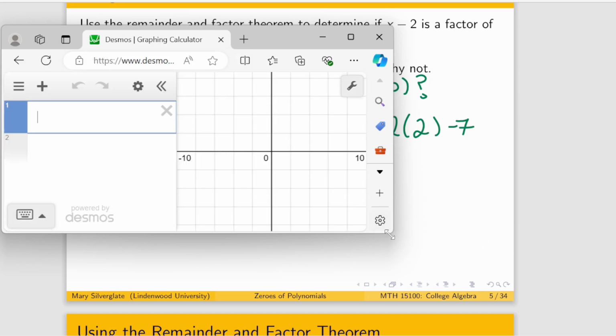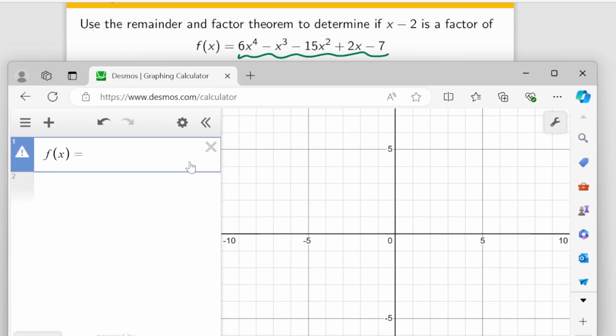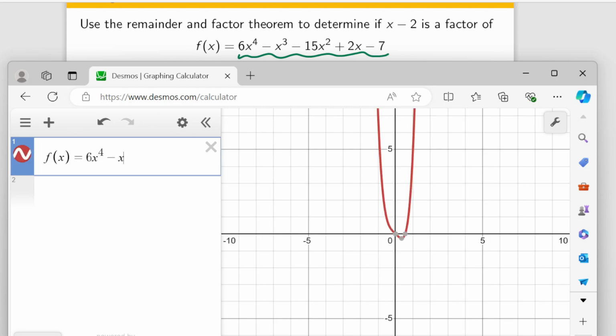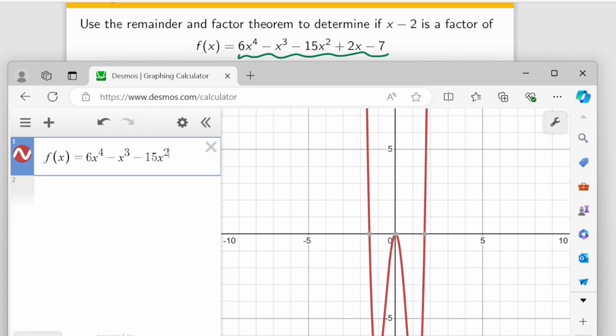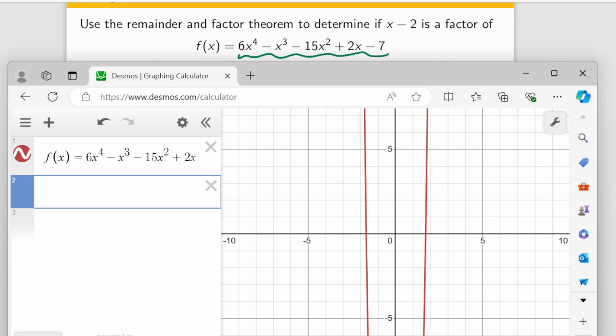Because if you were actually doing this on a homework, I would expect you to do this in the way that is going to cause you the least pain, essentially. So if I plug in f of x equals 6x to the 4th minus x cubed minus 15x squared plus 2x minus 7, and I literally check f of 2, it tells me that's 25.